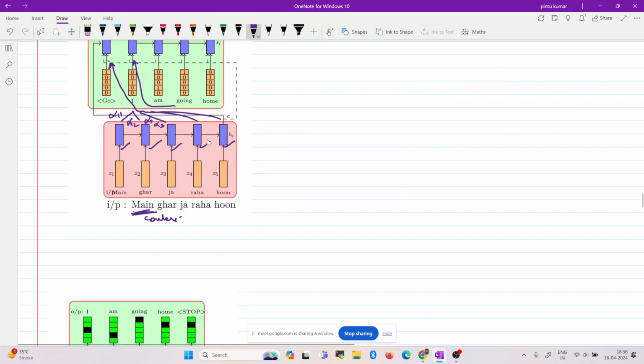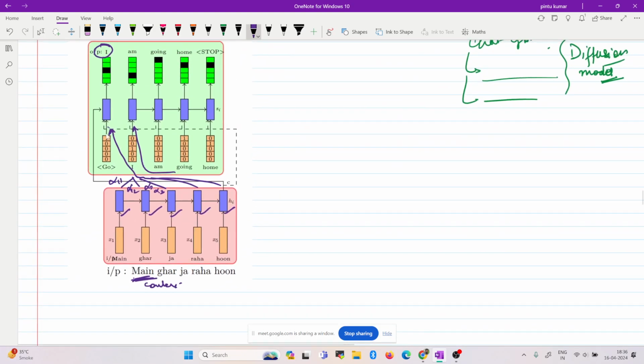But in this mechanism, because every input to your decoder is a weighted combination of all these hi's, you can expect that it would perform better, because a lot of information can be passed via this weighted sum at different levels.